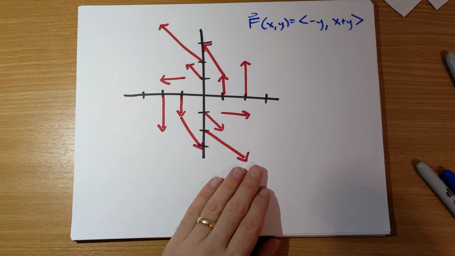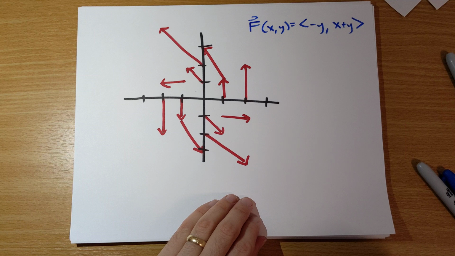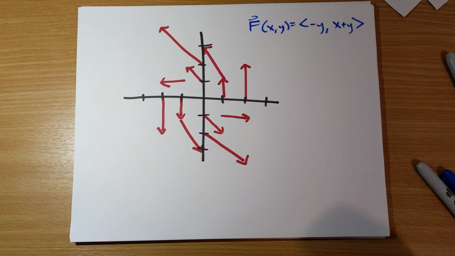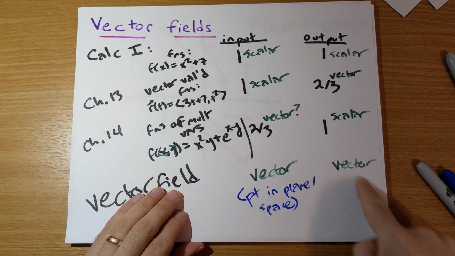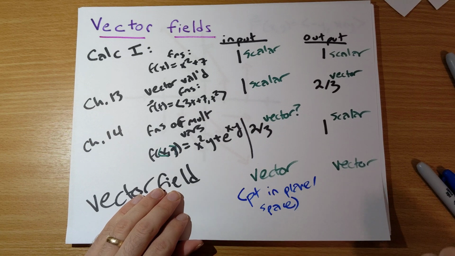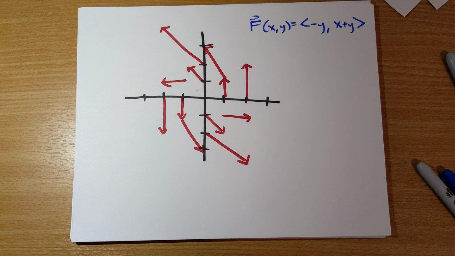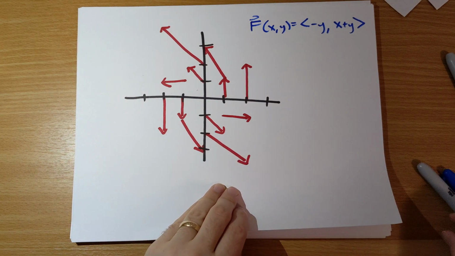One more thing to do before we wrap up this video. I do want to point out that this is actually not the first time that we've seen vector fields in this class. I'm making it sound like this is a brand new thing that we're doing here in chapter 16, but we've actually already seen an example of a vector field without calling it a vector field.